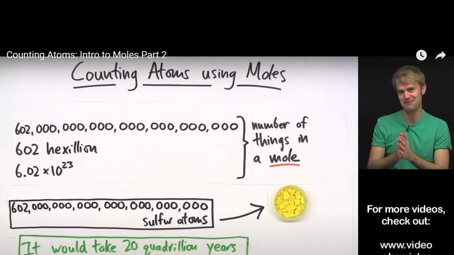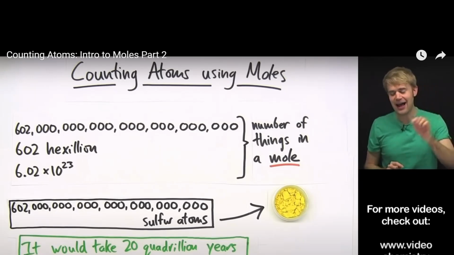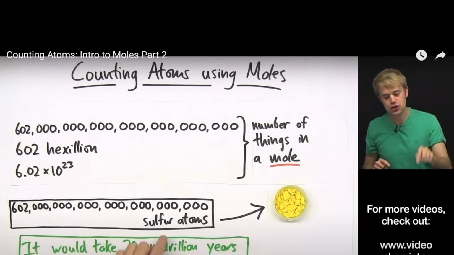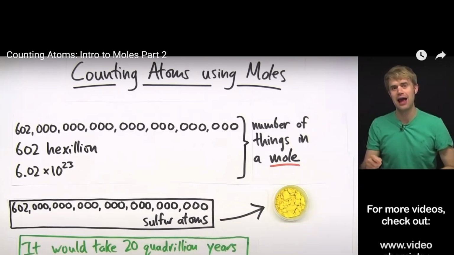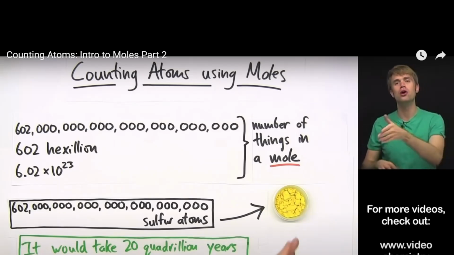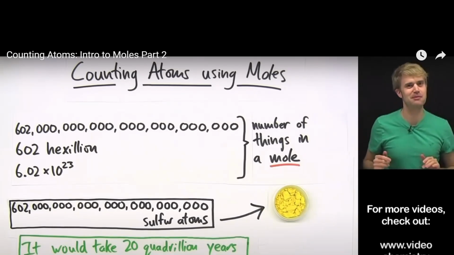How do I know that? Well, we're going to learn more about this, but it turns out that I can figure out how much a mole, 602 hexillion sulfur atoms, weigh, and then I can put this thing on a scale and weigh out that number of sulfur atoms. Let's talk a little bit more about this so it makes a little bit more sense.